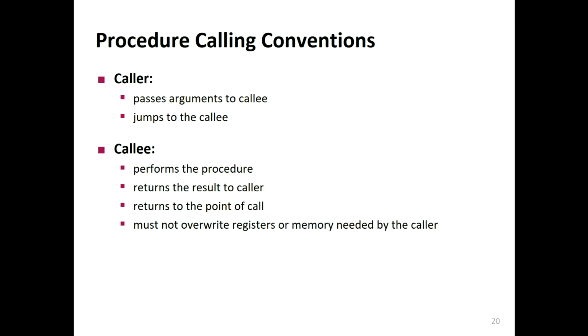This means it has to put the return values into certain registers or locations, and then jump to the point from which the original jump to itself was made. So you need to return to the point of call. One other important requirement is that the callee should not override registers needed by the caller.